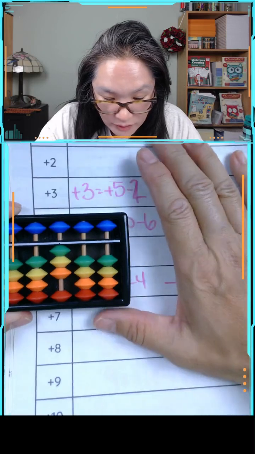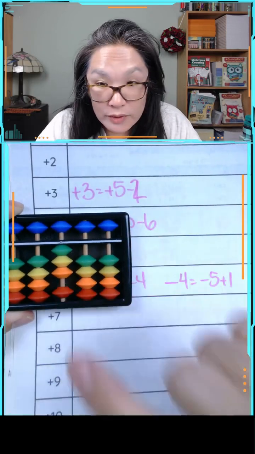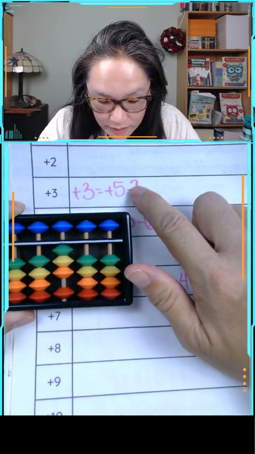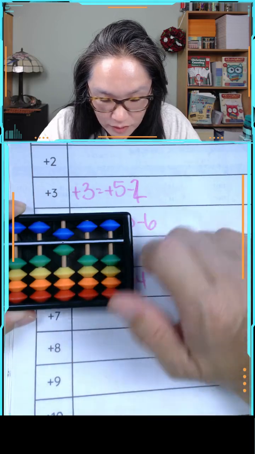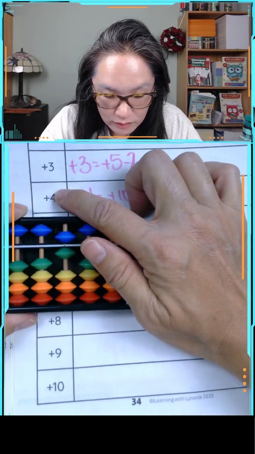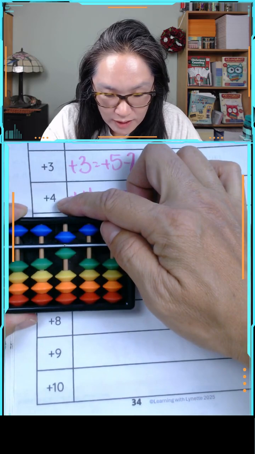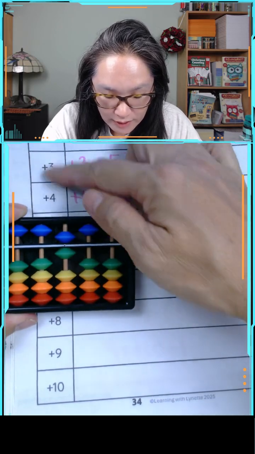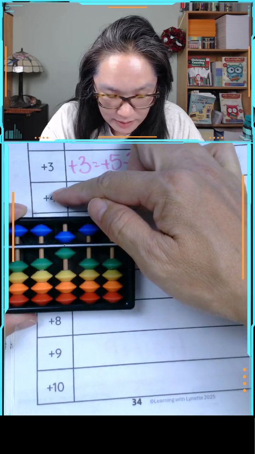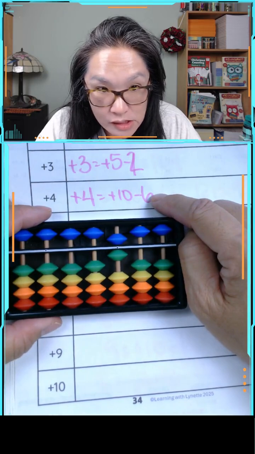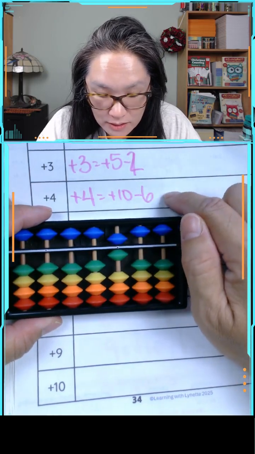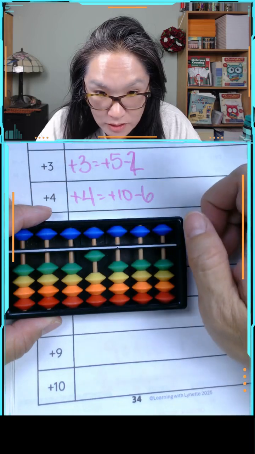And then we add the 3. There's no more room to add the 3. We know how to add the 3: plus the 5 minus the 2. And then we do plus the 4. So I give you the running add-ins. We want to add the 4. What do we do? Plus the 10 minus the 6.